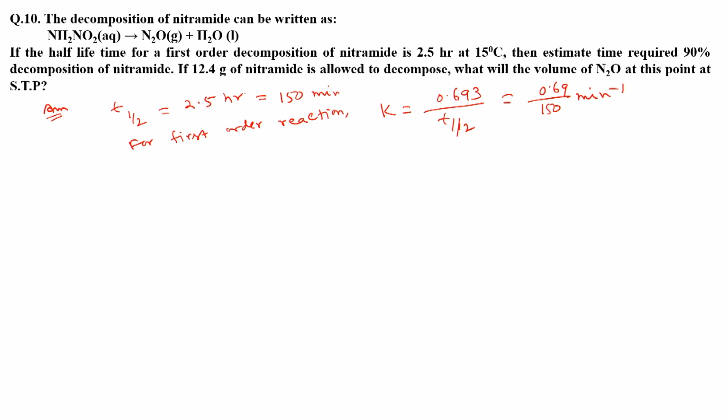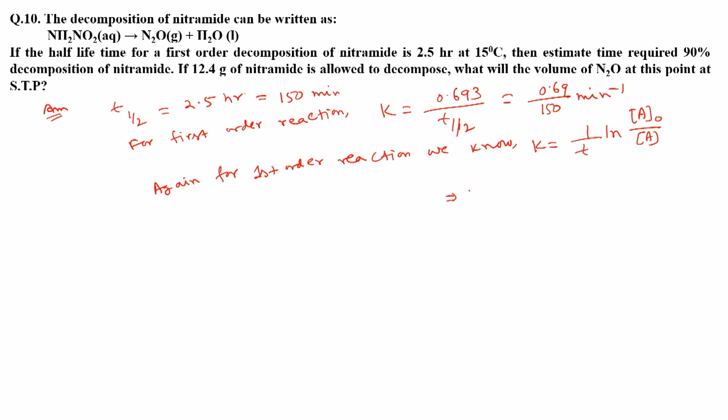Okay. So again, for a first order reaction, we know K is 1 by T ln concentration of A naught by concentration of A. So, 90% decomposition of nitramide. The concentration of A is now 10 if we consider the concentration of A naught as 100.